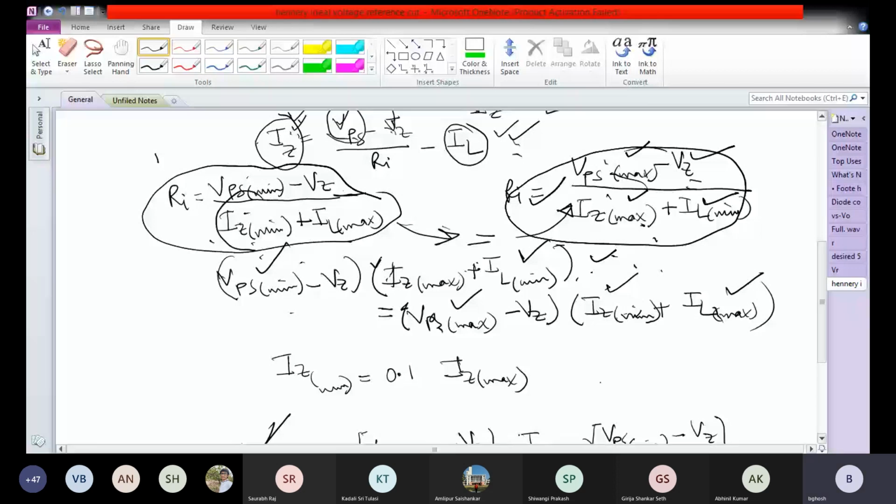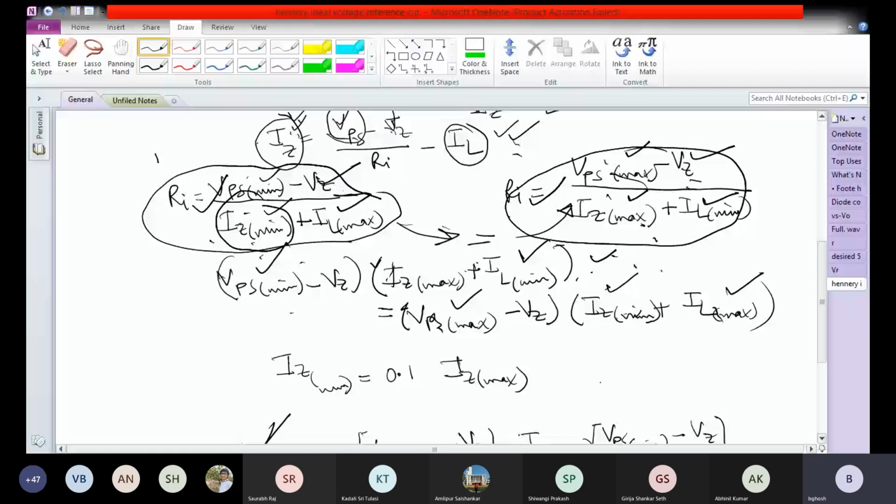And once IZ min is known, VPS min is known, IL max is known, Vz is known, and therefore Ri is known. So this enables me to find out the value of Ri to make me work in the specified Zener diode range, to maintain the output voltage constant when the input voltage varies from VPS min to VPS max, and when the output current varies from IL min to IL max. That is all.